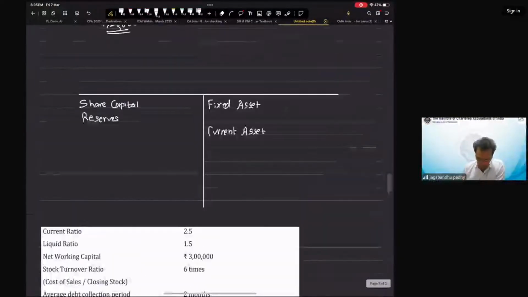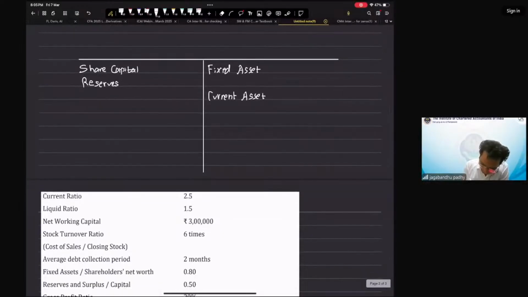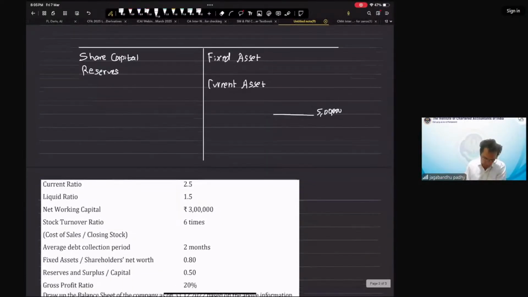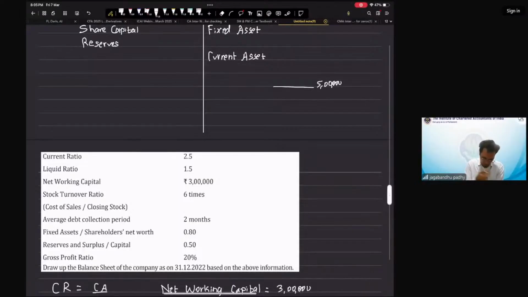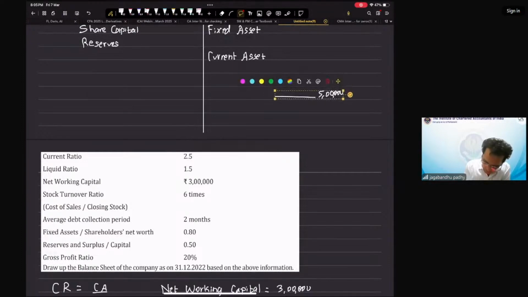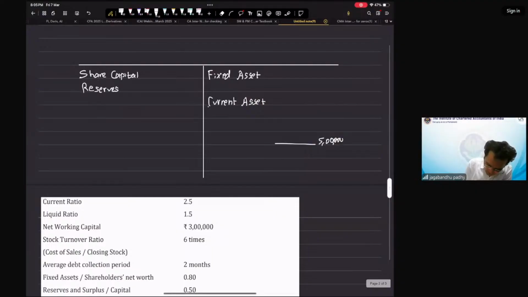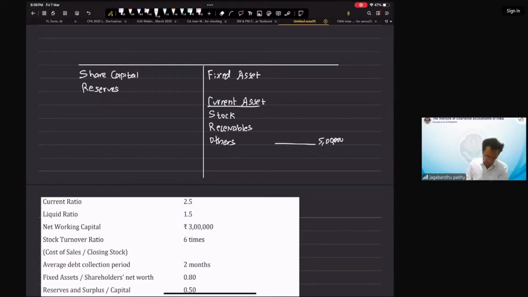So we got the current asset value to be 5 lakh. The average debtor collection is also there. So in our balance sheet under current assets, we will have stock, receivables, and others.